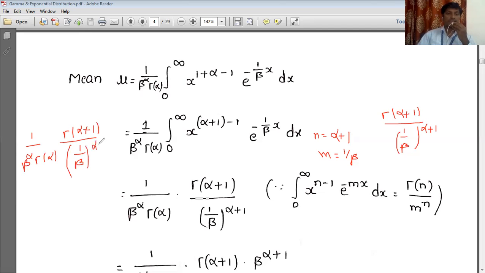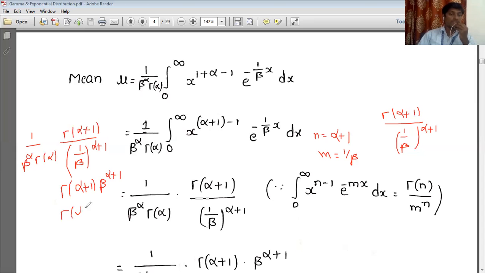So now simply we can write 1 by beta alpha for alpha plus 1. This one goes to numerator. Simply what we can write, gamma alpha plus 1 and beta power alpha plus 1. So that one we can write. And now, simply what we can write, gamma alpha plus 1.